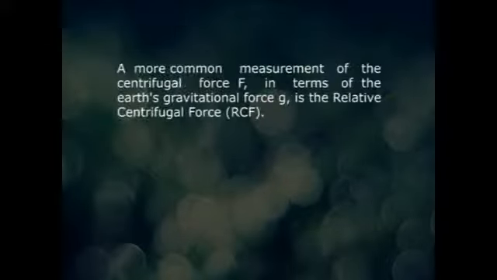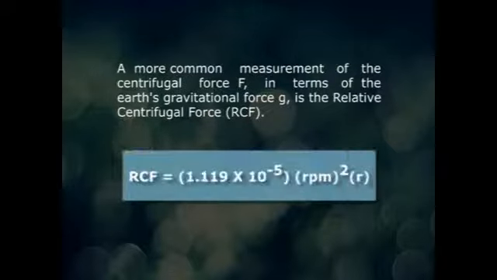A more common measurement of centrifugal force F in terms of Earth's gravitational force G is the relative centrifugal force, or commonly known as RCF. We have RCF is equal to 1.119 into 10 to the power minus 5 multiplied by RPM whole square, again multiplied by r.